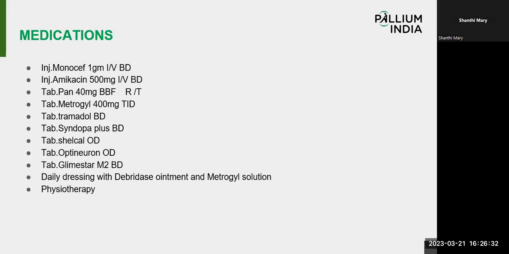The medication he was getting: injection Monosef IV BD, injection Amikacin 500 mg IV BD, tab Pan 40 mg before breakfast through Ryle's tube, tab Metrogyl 400 mg TID, tab Tramadol BD, tab Syndopa plus BD, tab Shelcal OD, tab Aptineuron OD, tab Glimistar M2 BD, and daily dressing with Debridase ointment and Metrogyl solution, and physiotherapy.